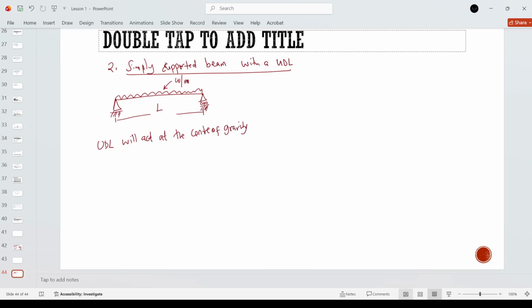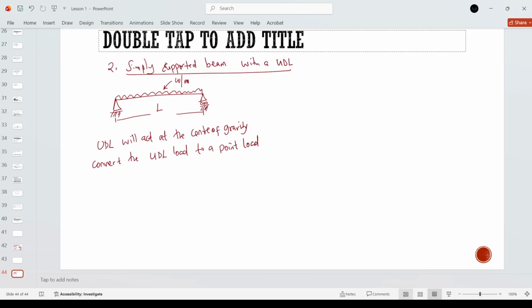I know when you did the properties of sections, you are able to determine the specific center of gravities for different shapes. So first of all, the first thing will be to convert the UDL load to a point load. How do you do that?